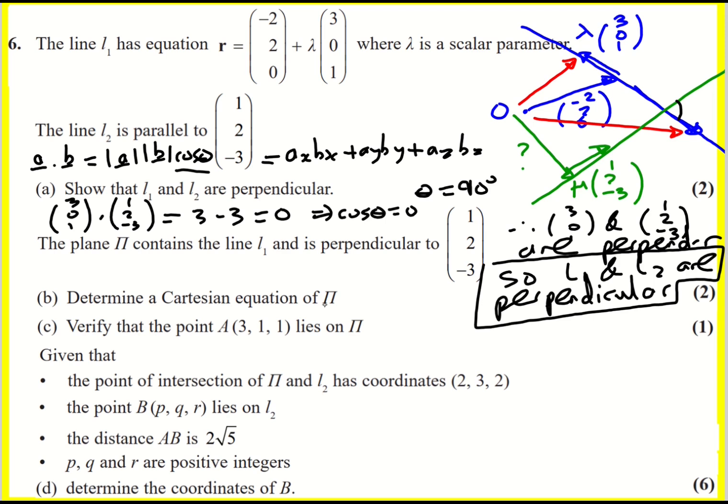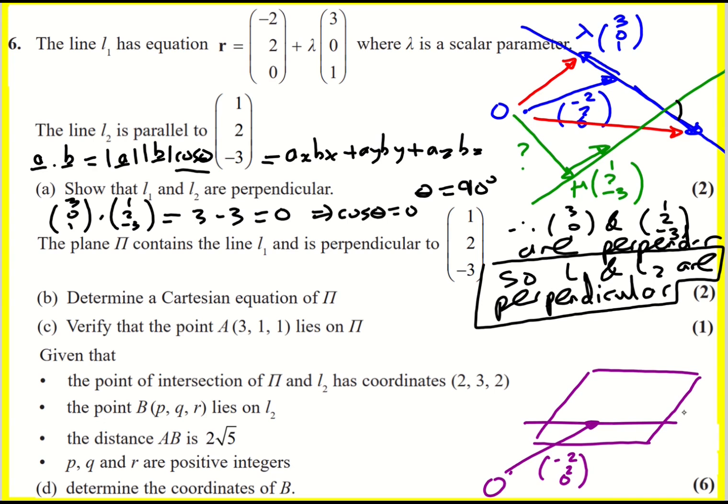B, we're asked to determine a Cartesian equation of pi, where we're told this plane pi contains the line L1 and is perpendicular to 1, 2, minus 3. So let's get a sketch down of the plane, and we've got the origin here. So we're getting onto the plane now using this -2, 2, 0, and then we're going along this line.